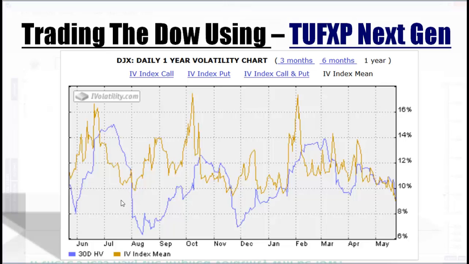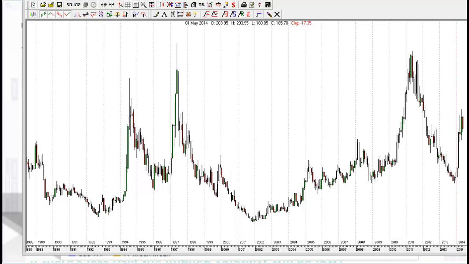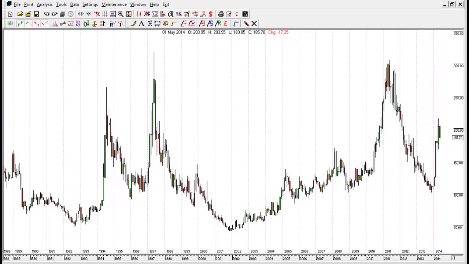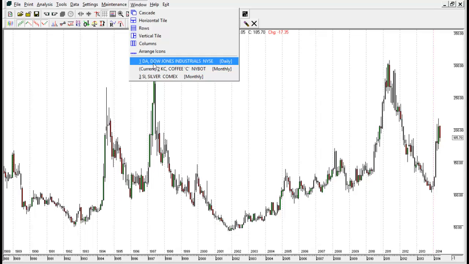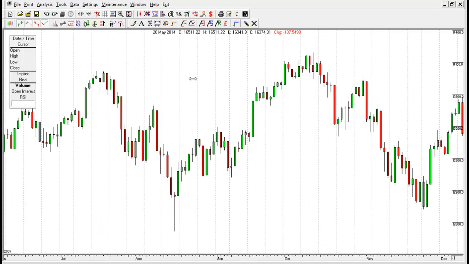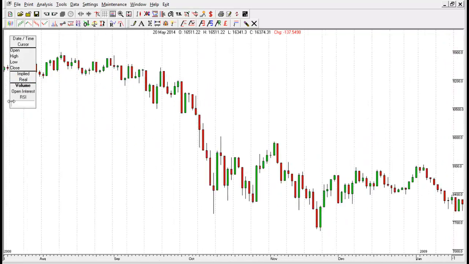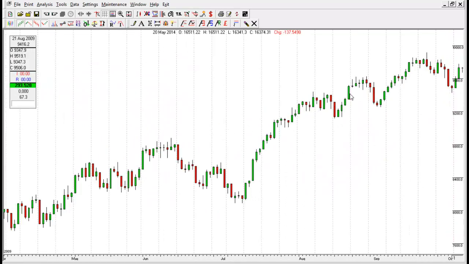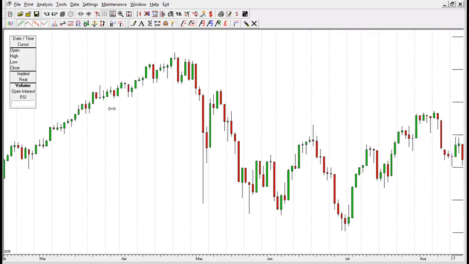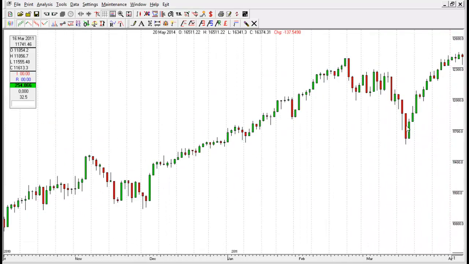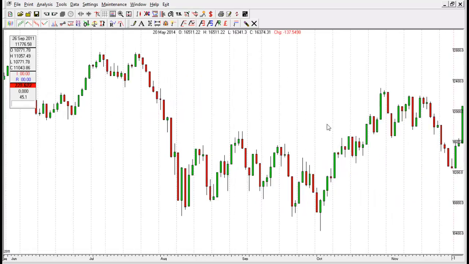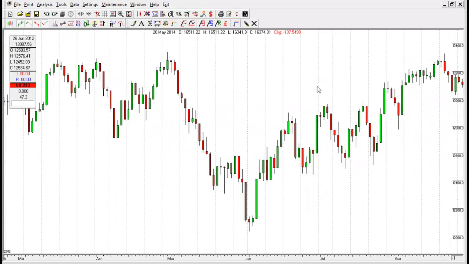And let me just show you this on the Dow Jones chart. Let me just get a chart up for you. Let me just bring this in so you can see the opposite effect. So this is the Dow Jones, and if we just come back to more current times and then have a look at the correlation between the implied volatility and the Dow Jones.